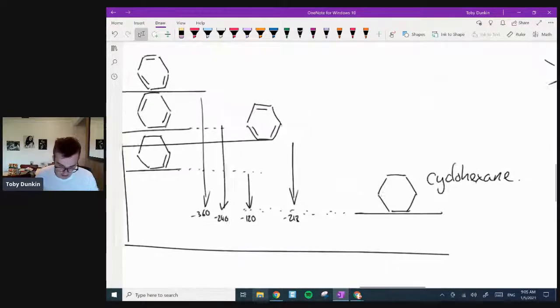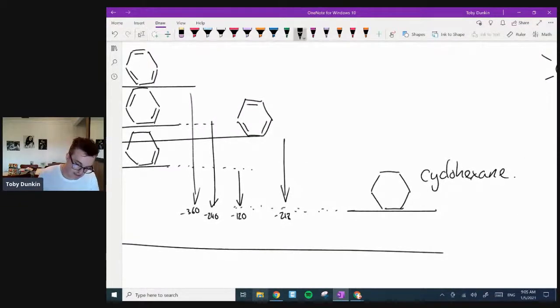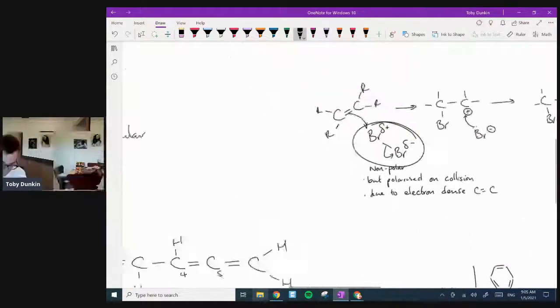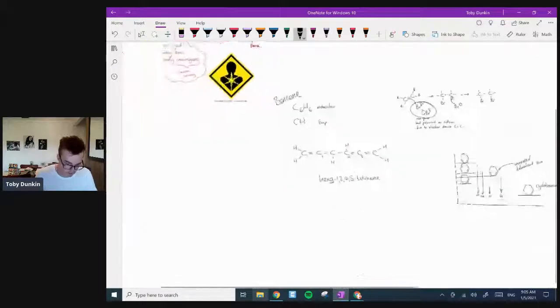Since this is so much more stable, with increased delocalized stability, it no longer reacts with bromine water. It's not reactive enough to do it.